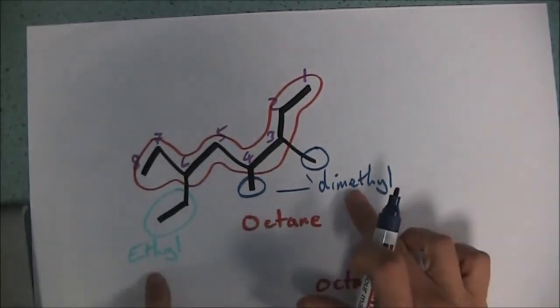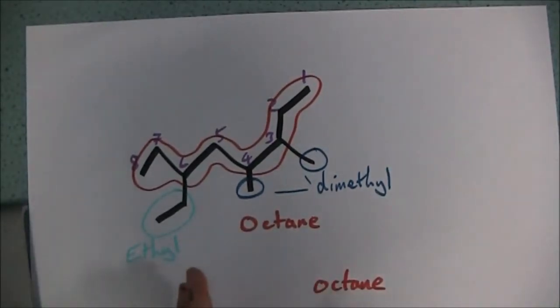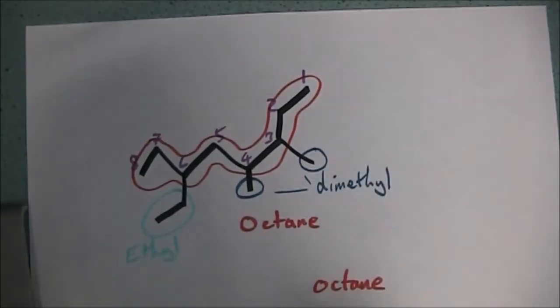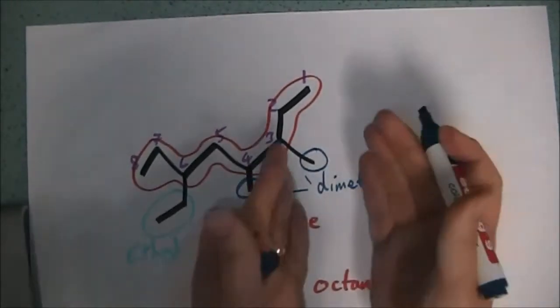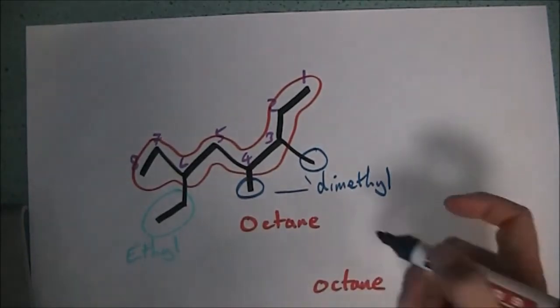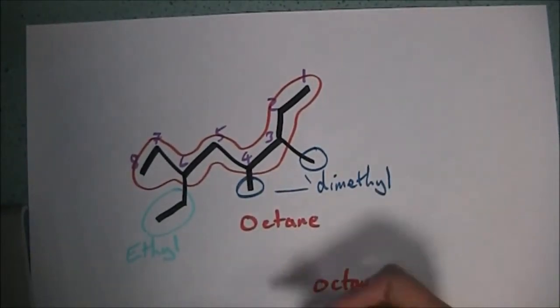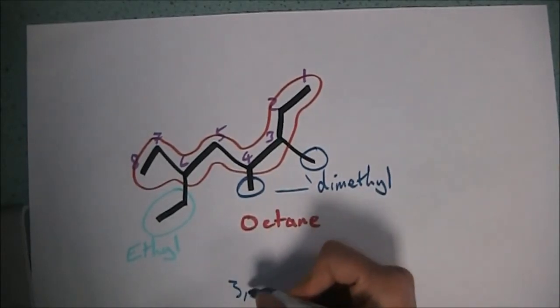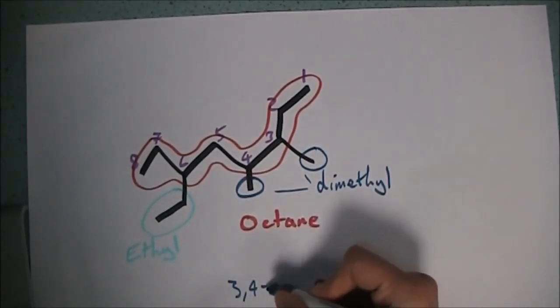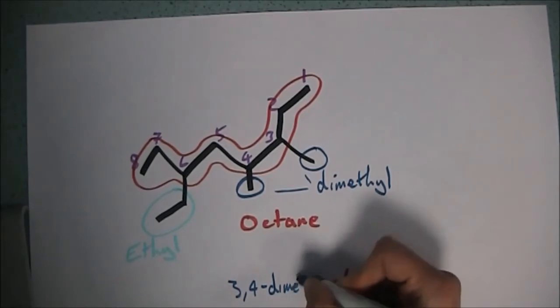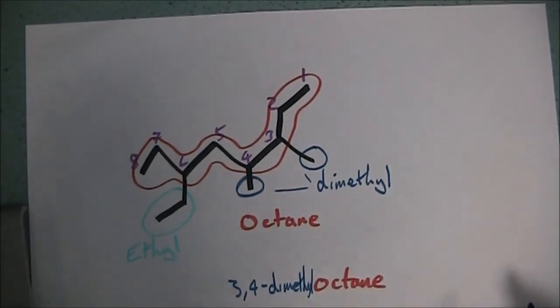So we're going to put these two alphabetically, so E, M. And I know it's got a di on it, but we're ignoring that for the sake of working out the alphabetical order. So the bit which goes here then is 3,4-dimethyl. Squeeze it in. There it is.